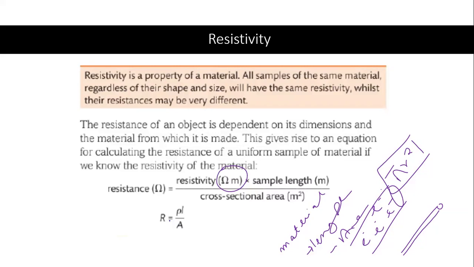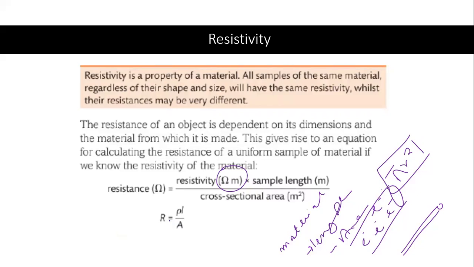So the inherent resistance of any material is what we call resistivity. That's basically the ability of that specific material to resist the flow of electrons. That is what your resistivity is.